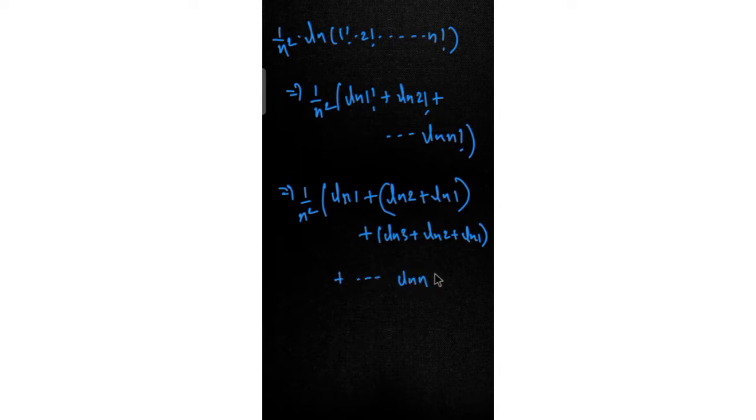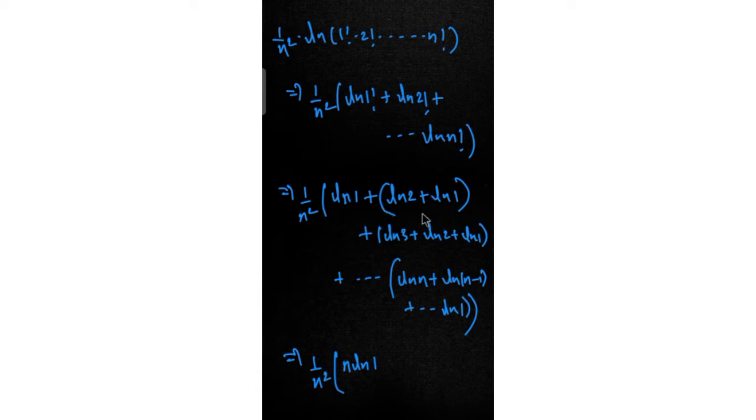So that could be written as ln n plus ln of n minus 1 plus so on, ln 1. Fine, so this is the last bracket. And from this we can come to the conclusion that there are n terms basically, so from these n terms we will be getting n ln 1s.